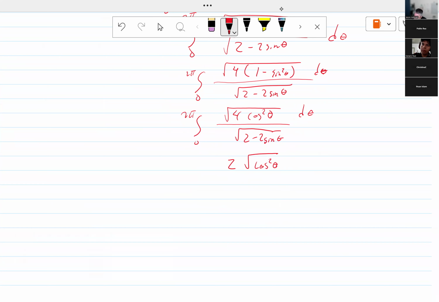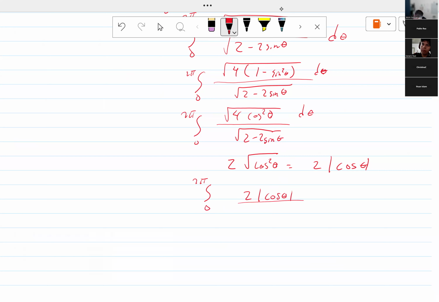When I square something and then take the square root, that actually creates an absolute value. Because if cosine was negative and I square it, it becomes positive. And then I take the square root, it goes back to the original value, but it will always be a positive value. So this is actually equal to 2 times the absolute value of cosine. This is 0 to 2 pi of 2 times the absolute value of cosine theta.